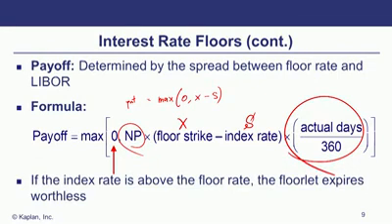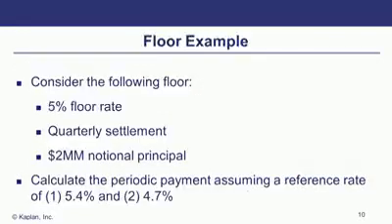So if the index rate is above the floor rate, of course, that's not exciting. The option expires out of the money, but it's when the index rate falls below the strike rate that our long put option holder will wake up and possibly exercise this thing. So let's actually see the numerical examples behind that.